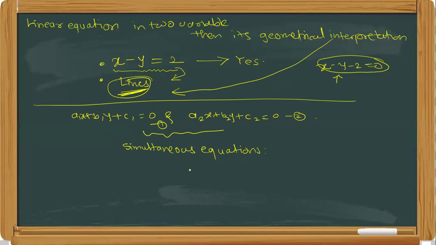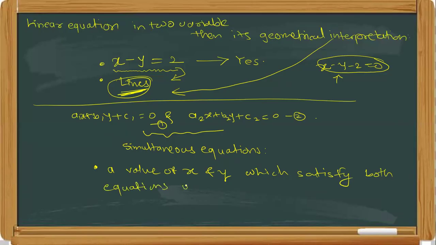And the value of x and y which satisfies both of the equations is called the solution of the system of equations, right?